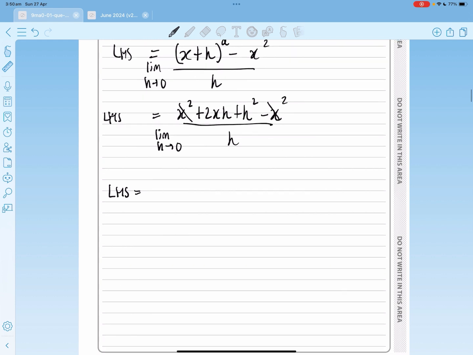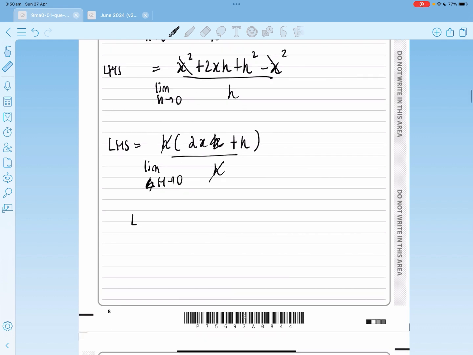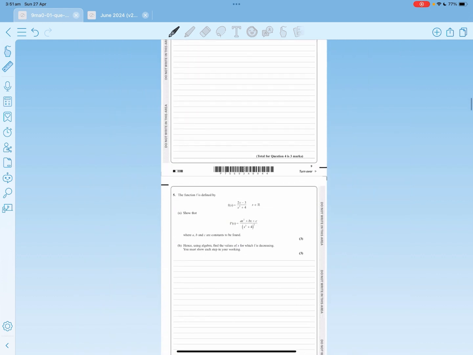And then we can factor out a h to say 2x plus h over h as the limit h tends to 0. H is cancelled out. LHS is therefore equals to 2x, as we've said that h is tending to 0. So that's your answer. So that is question 4.